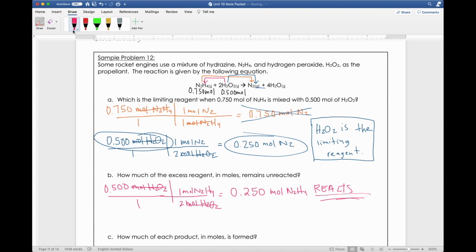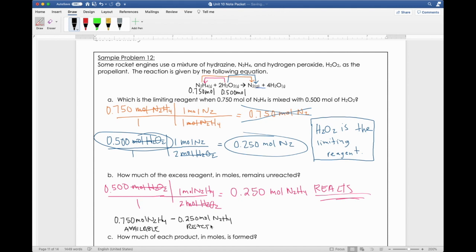So let's go back to black here so we don't get confused with all the colors. I have 0.750 moles of hydrazine that's available. That's how much the problem is starting us off with. That's how much is available. I'm going to subtract from that how much is actually reacting. So 0.250 moles of hydrazine is actually reacting.